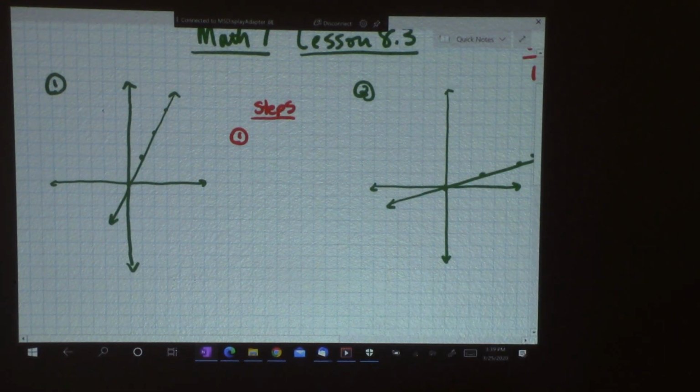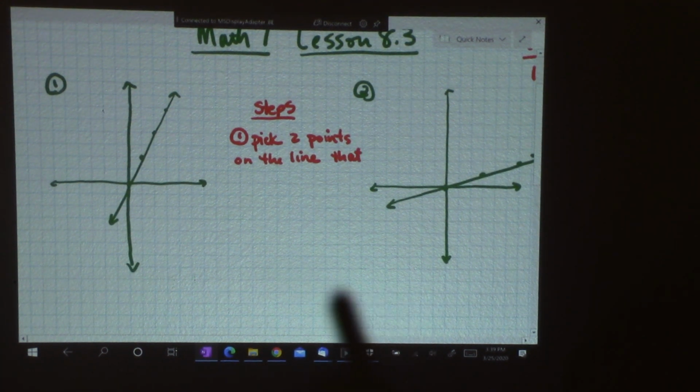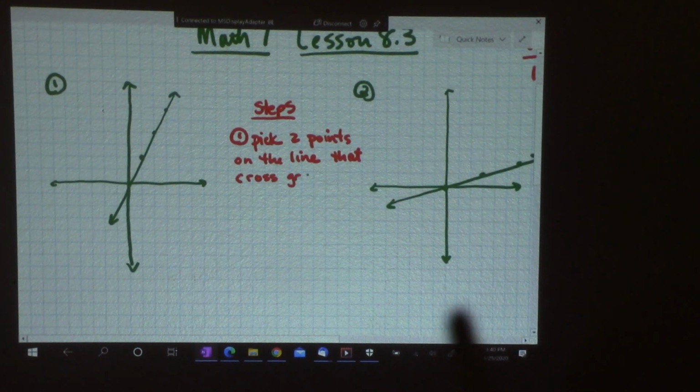is you're going to pick 2 points on the line that cross graph lines.